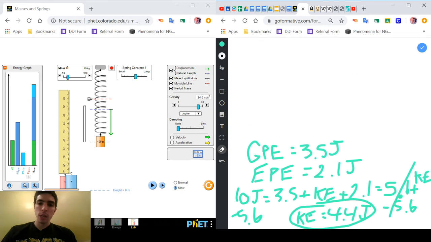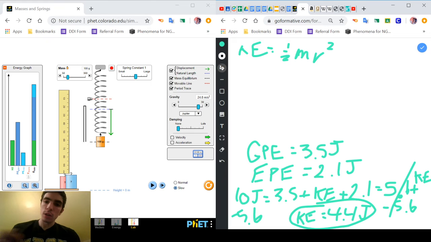So we're going to go from the kinetic energy equation, which is 1/2 mv squared, and we know that our mass is 0.1 kilograms, so 100 grams is just the same as 0.1 kilograms, and now we know what our kinetic energy is. So I'm going to go ahead and start plugging in the stuff that we know at this point.